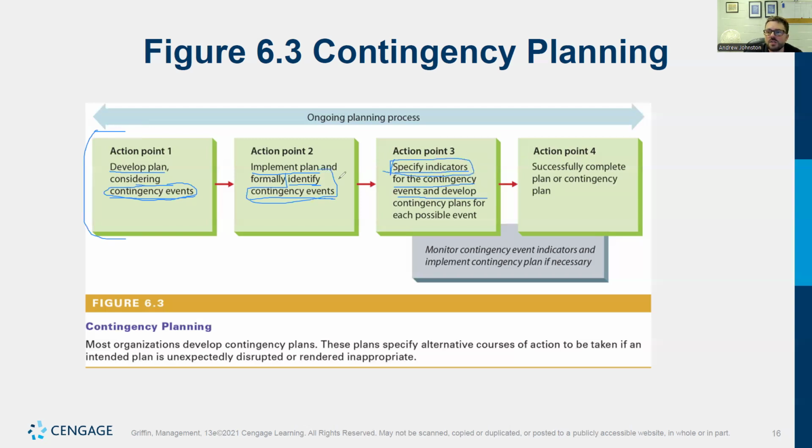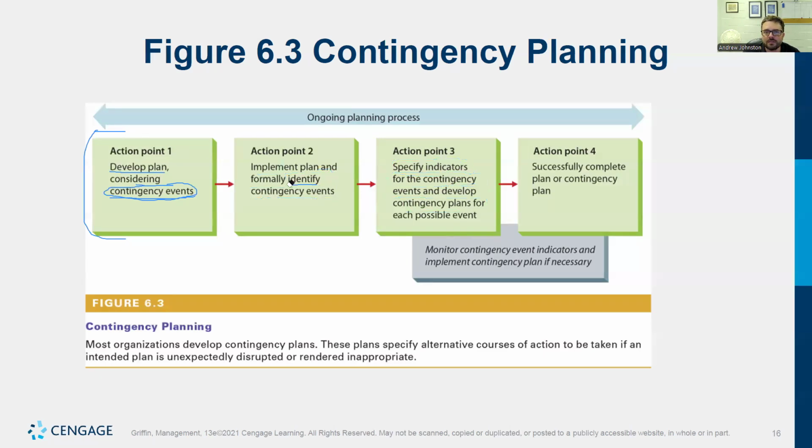So if we have a contingency plan for a recession, what would be the indicators that we're going to use to determine whether we need to implement that contingency plan? If we say, well, if growth slows to 1% a year, I'm just making numbers up here, then for us, that's going to be the indication that we need to start implementing our contingency plan for this event.